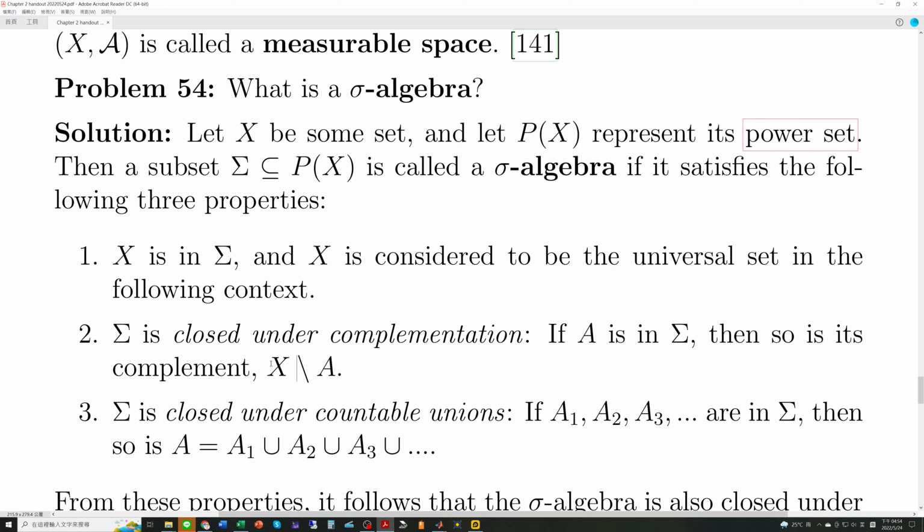That is, X minus A is another set, and the set contains elements which are in X but are not in A. Third, Σ is closed under countable unions. If A1, A2, A3 are in Σ, then so is A, which is equal to A1 union A2 union A3 union, etc.